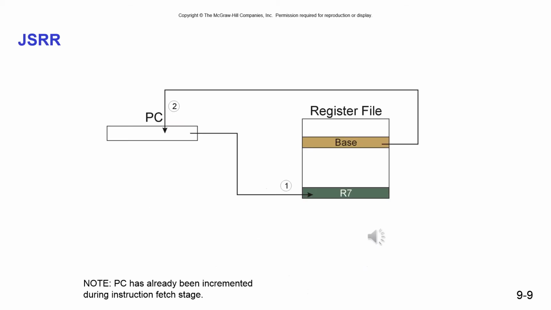And the micro instruction for JSRR is a lot simpler than the microinstruction for JSR, because you're simply taking the full 16-bit address in the base register and moving it into the program counter after the program counter has been moved to R7.